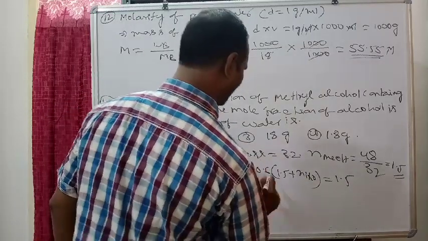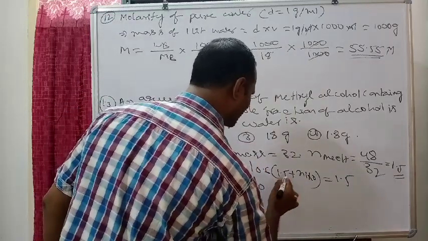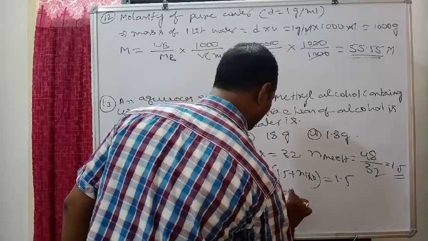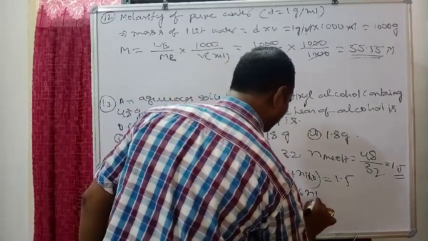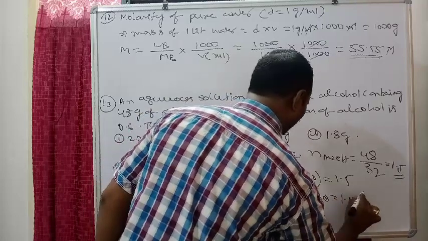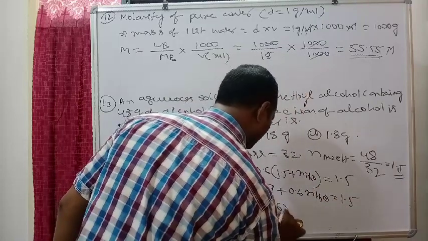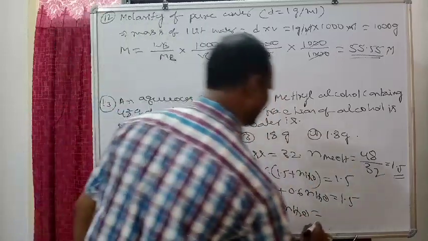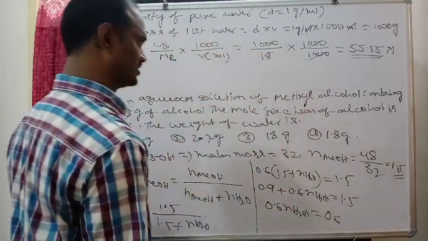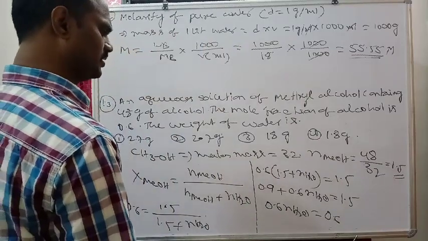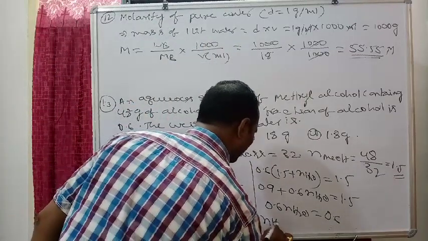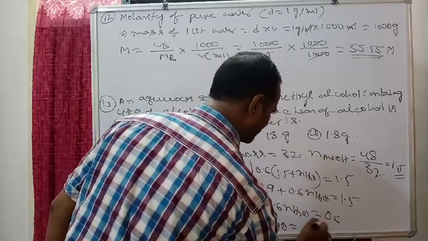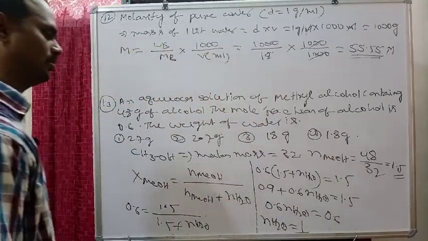Multiply inside, what are you getting? 0.6 into 1.5 is 0.9, plus 0.6 into the number of moles of water is equal to 1.5. So 0.6 times the number of moles of water is 0.6. If you take it to that side, what are you getting? 0.6. Exactly. Therefore the number of moles of water, 0.6 taken to that side, 0.6 by 0.6 is equal to 1 mole.